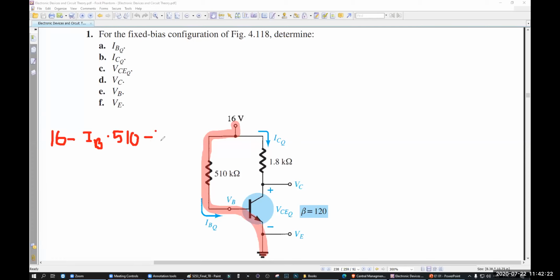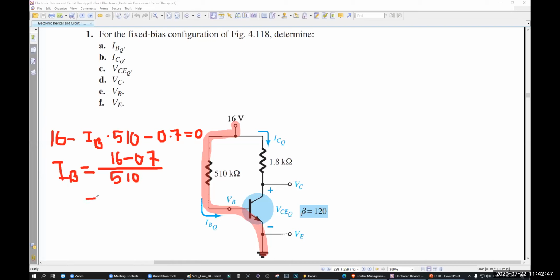Minus VBE, that means 0.7. Okay, let's write 0.7 directly. Equal to 0. So the only unknown thing is IB. So IB will be 16 minus 0.7 divided by 510.